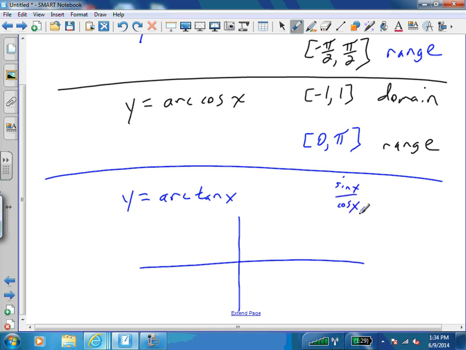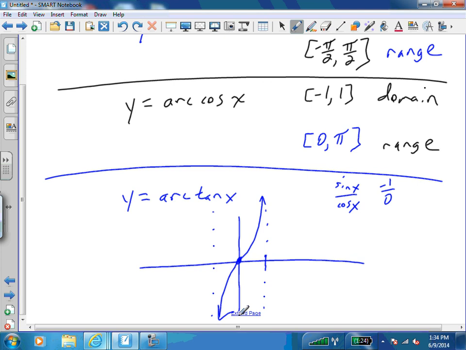So when cosine, or when x is 0, we have 0 over 1. When we're at 90 degrees, though, we're at 1 over 0. When we're at -90, this is -1, this is 0, so we're undefined. So we have an asymptote on both sides, and it turns out that tangent does that.